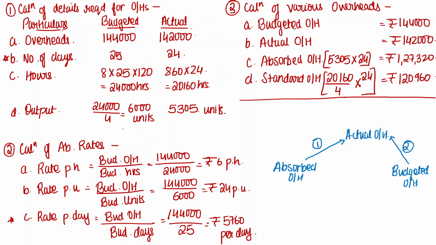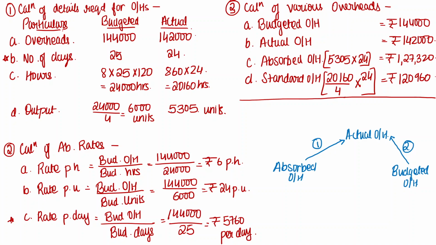You were supposed to make how many units? How many units did you actually make? Good or bad? Bad. Because you made less number of units, you are able to absorb less.